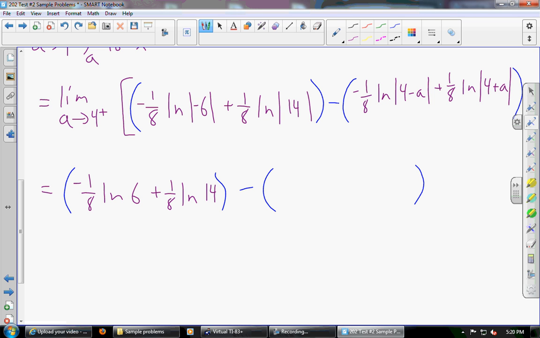So a is approaching 4, and it's approaching 4 from above, but it doesn't much matter. So when you plug in numbers closer and closer to 4, this thing here becomes ln of 8, which is no problem at all. So I'm going to put plus 1/8 ln of 8. That's just the 4 plus the 4.